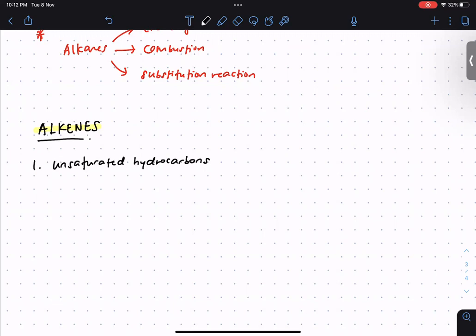So why is it unsaturated? Because it contains at least one carbon-carbon double bond.